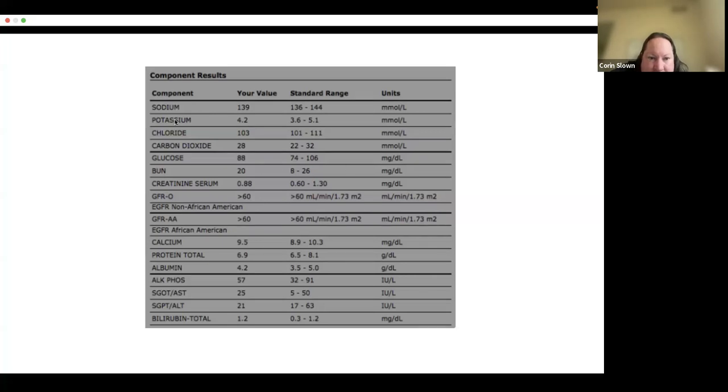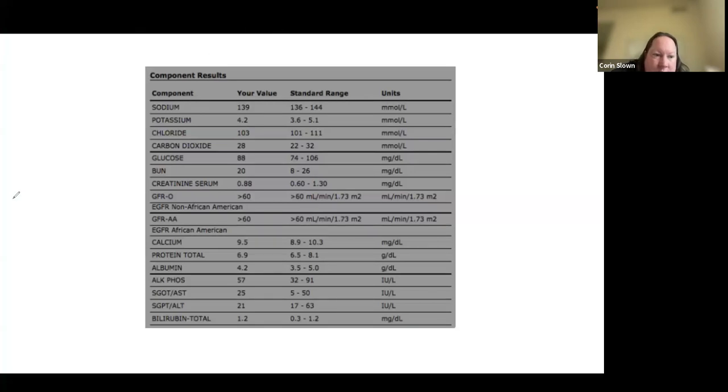So we have potassium, chloride, carbon dioxide, and glucose. I'm going to do a practice calculation looking at glucose. Let's say that we had 100 milligrams per deciliter of glucose.